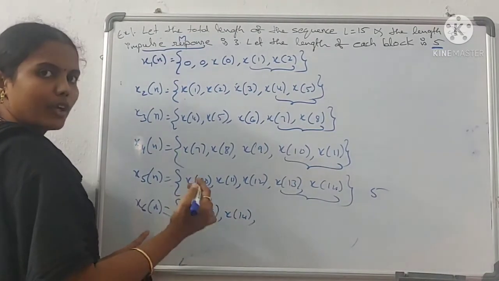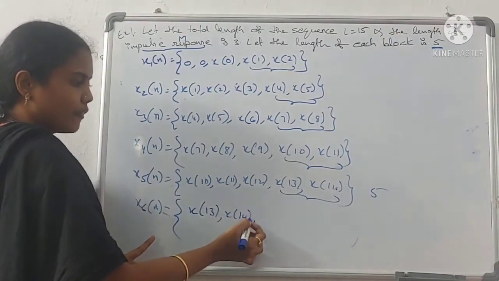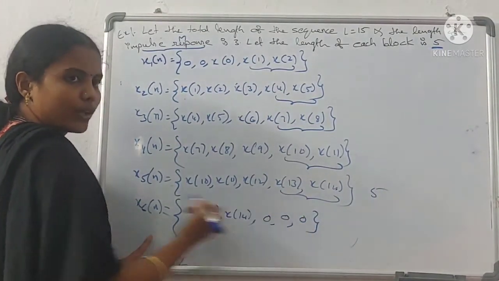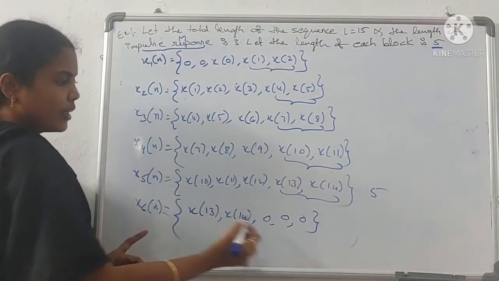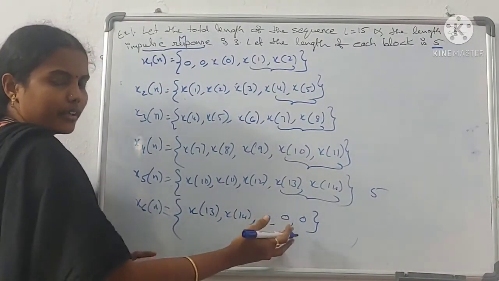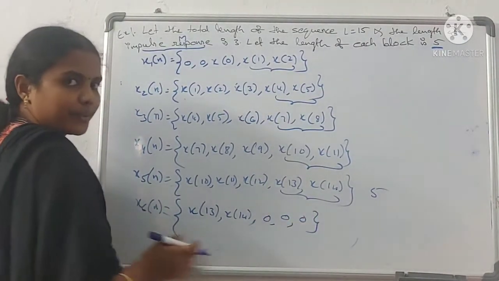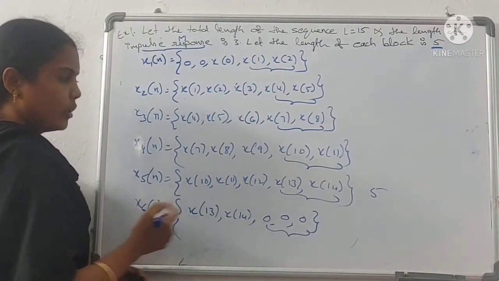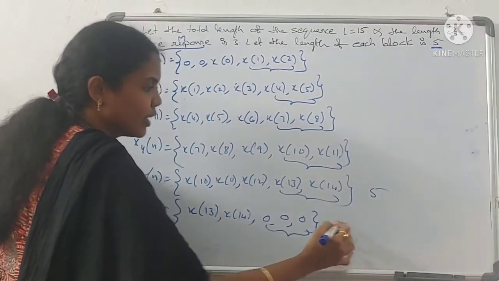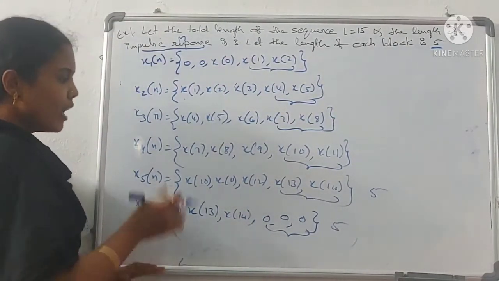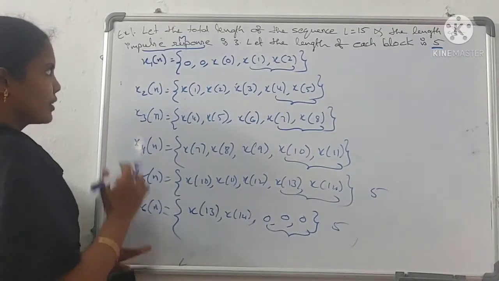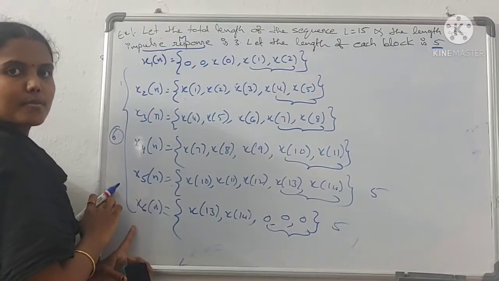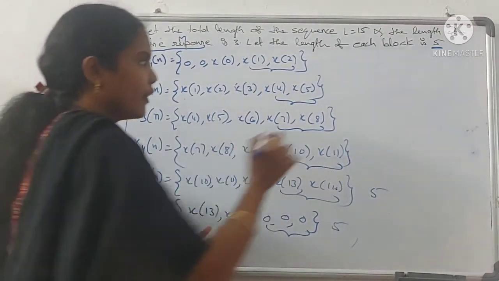So here you have to add 3 zeros to get the block length of 5. How many blocks are there? A total of 6 blocks.